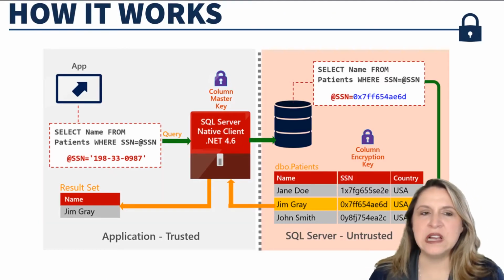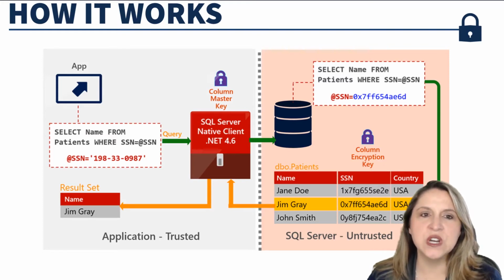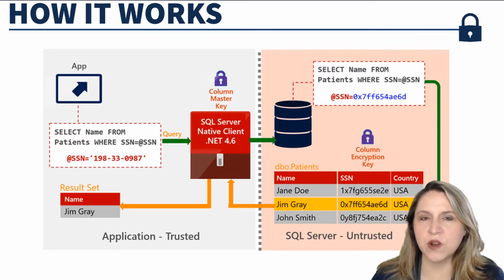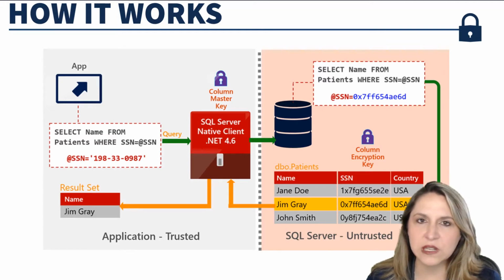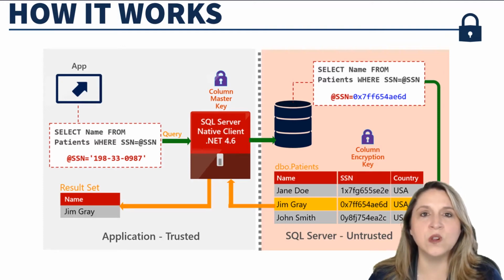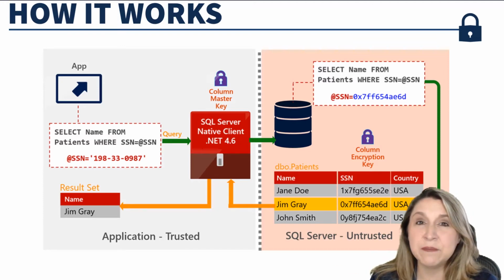It's pretty simple. Here's a graphic provided by Microsoft, and it's going to walk us through a quick query and how this all works, and how important the driver, a supported Always Encrypted driver, in this case a .NET 4.6 driver, is. The application is going to send a query, and in this case we're getting the patient name using a social security number.